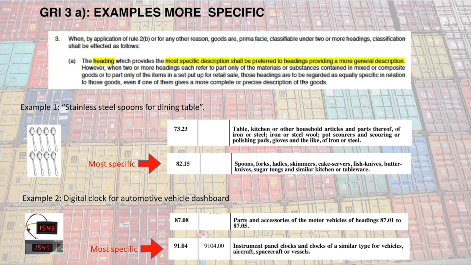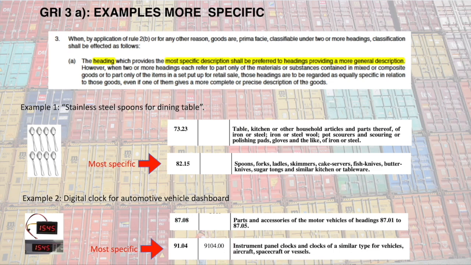In this case too, heading 9104 is more specific than 8708 because it specifically mentions dashboard clocks for automobile vehicles.